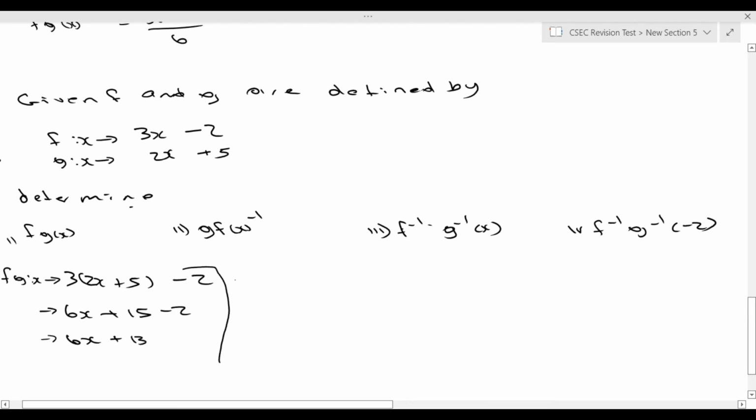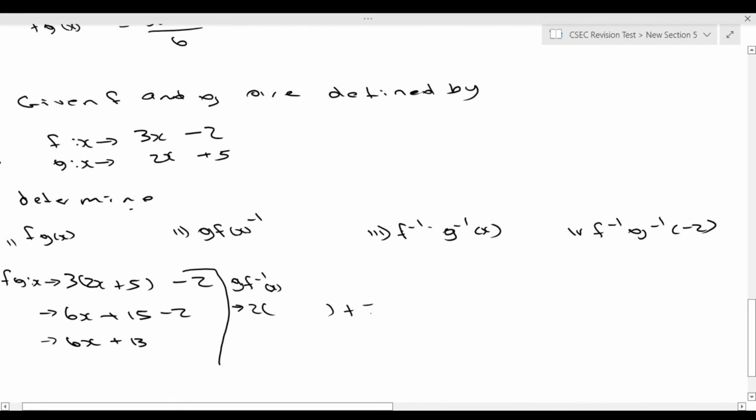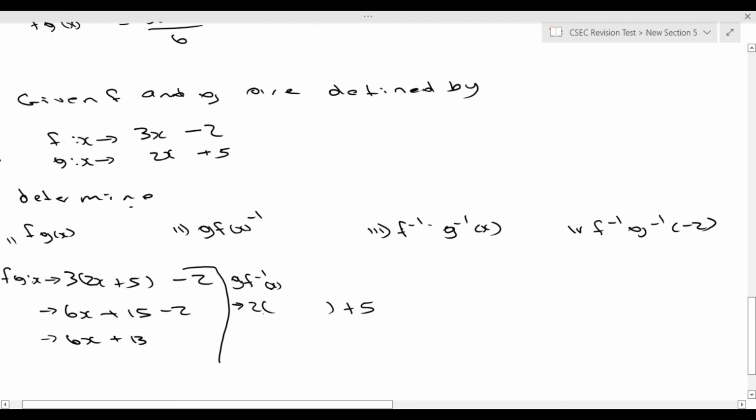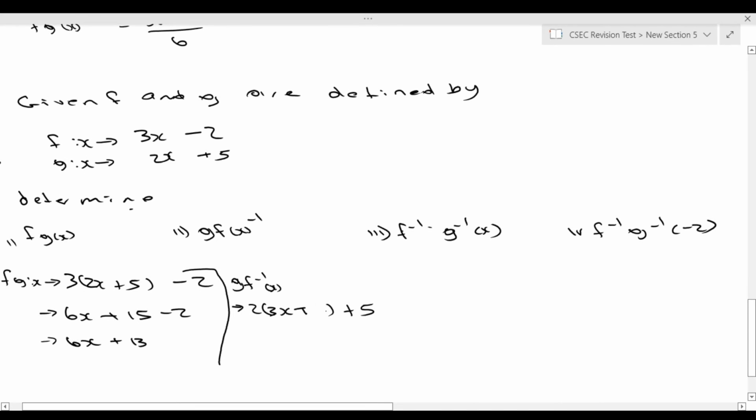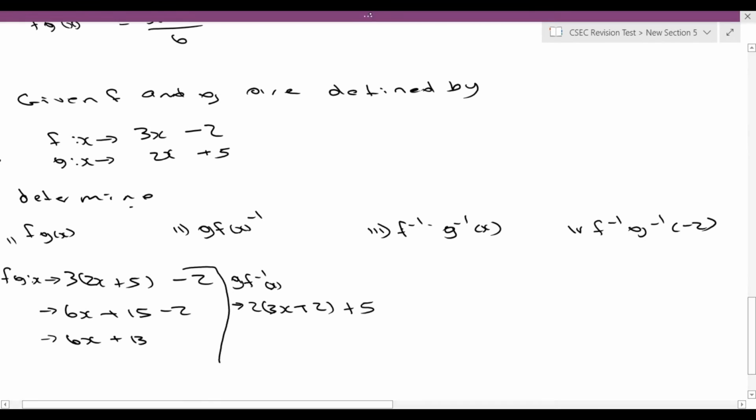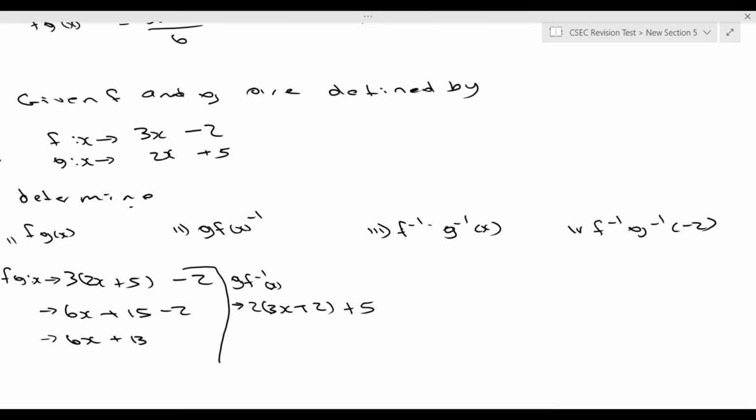Our g of f inverse. All right. So we need to find our g of f, then we find the inverse of that. So for our g of f, we have our g function, 2x plus 5, and our f function is 3x minus 2.